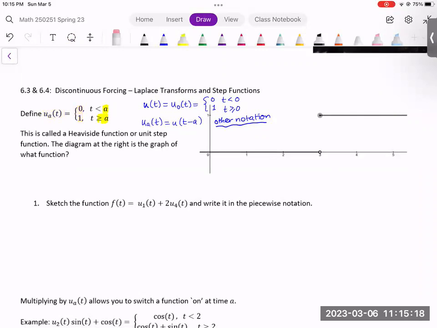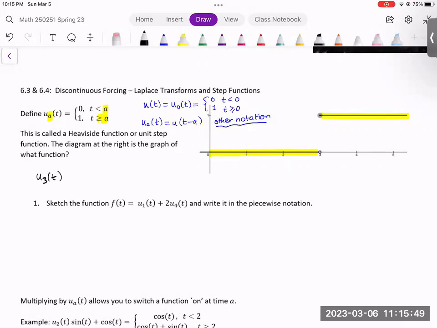So the a here tells us when this switches from being 0 to being 1. Here we have a graph. We're equal to 0 until time 3, and then at time 3, we're equal to 1.